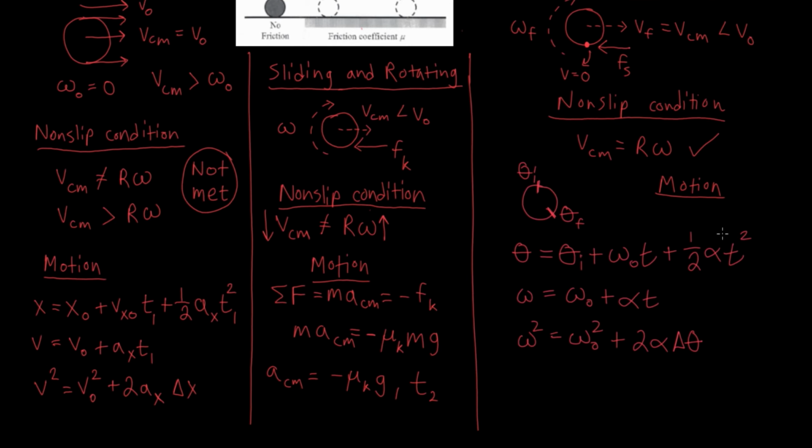So note that in these rotational kinematic formulas, we use angular acceleration. And so what we need to determine now is the angular acceleration: is it negative or is it positive? Now, a negative angular acceleration would indicate that the angular speed is decreasing over time, and a positive angular acceleration would indicate that the angular speed is increasing over time.